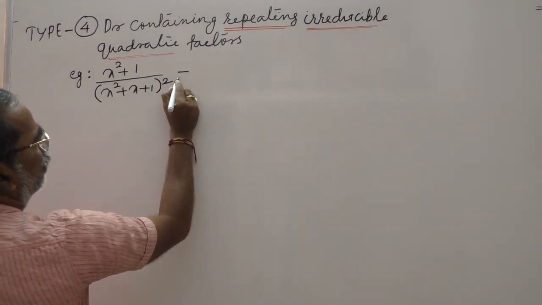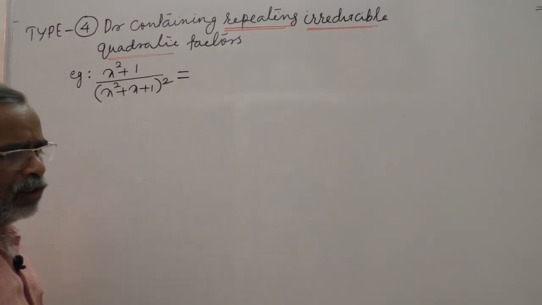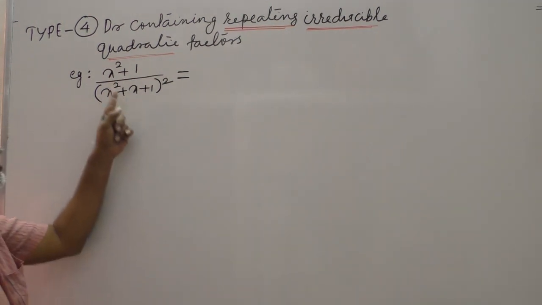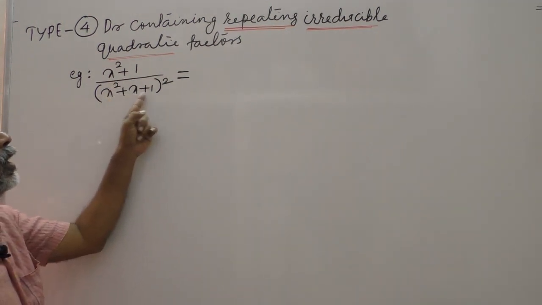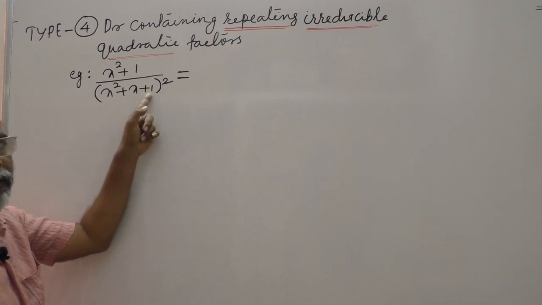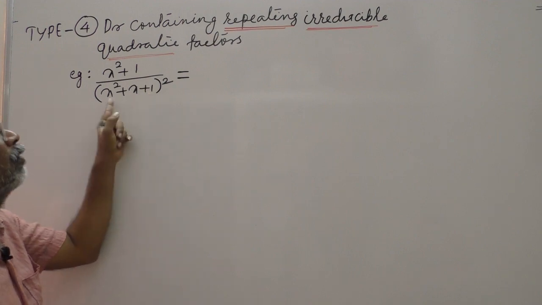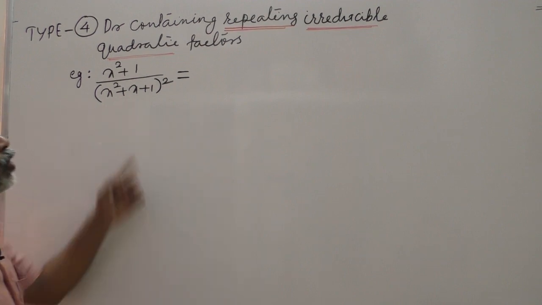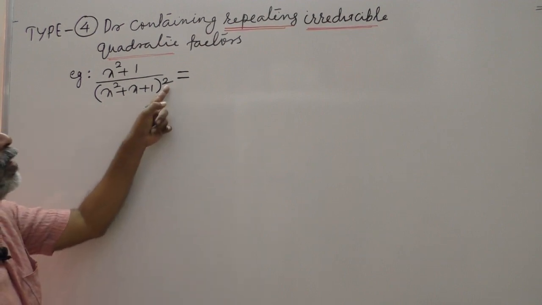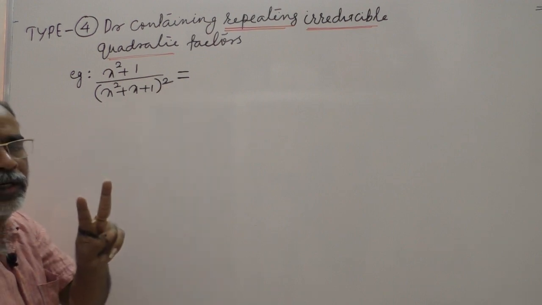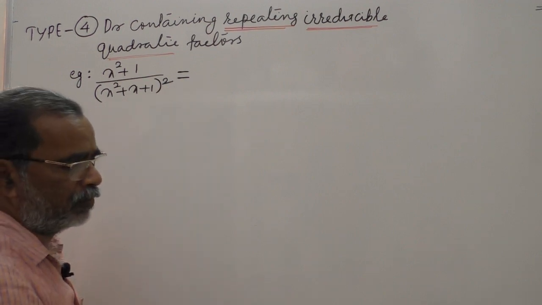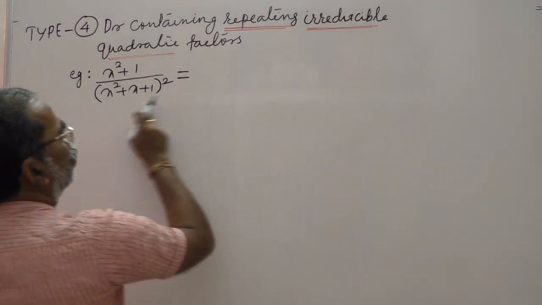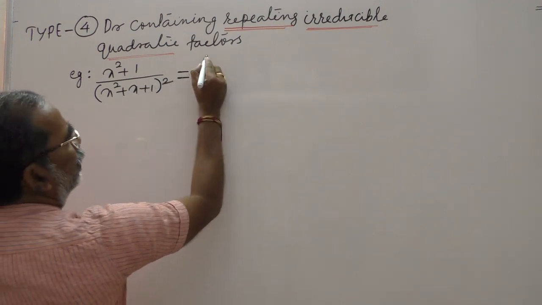So after deciding this, it is a proper fraction. Now see the denominator. Denominator is containing a second degree factor, quadratic factor, which cannot be split. Therefore it is irreducible quadratic factor, and whole square is there. That means it is repeating by two times. So what to do? Both are quadratic factors.